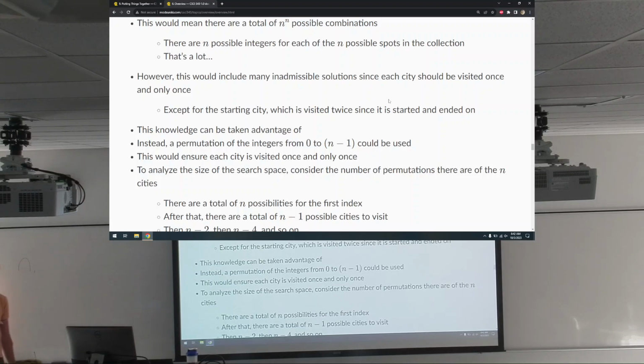So now, how many cities do I have to pick from to go to next? Then what? Right? And then if you do that all the way out, well, that's just n factorial.